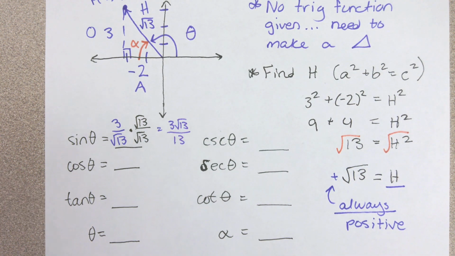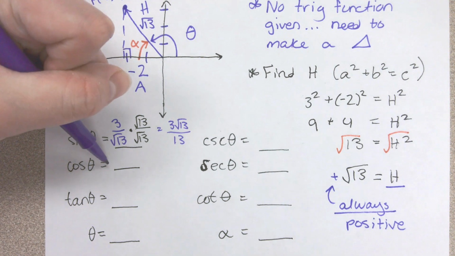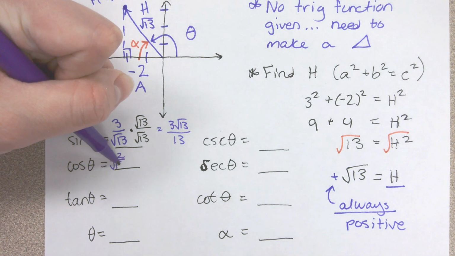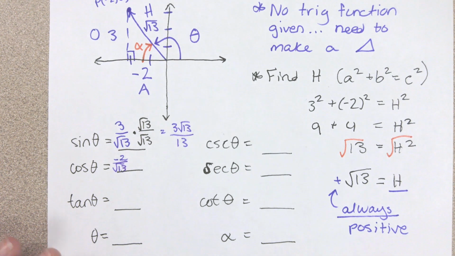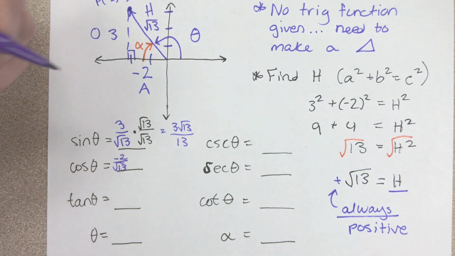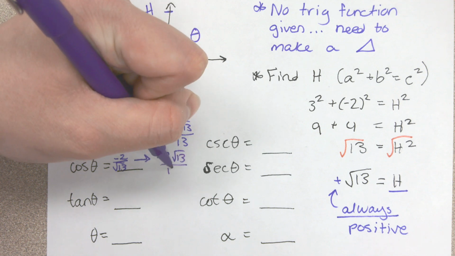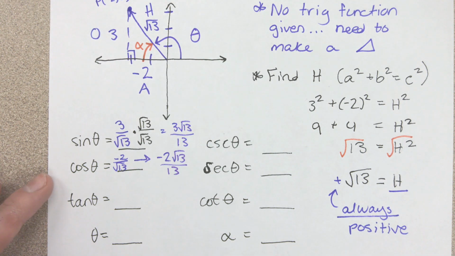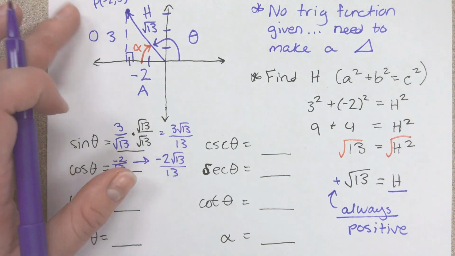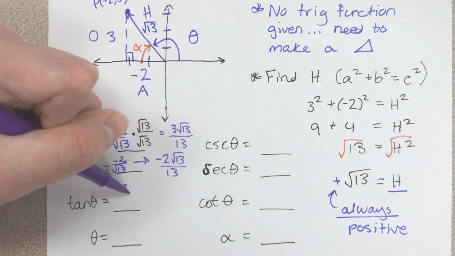Cosine, A over H, that's -2 over square root 13. The work for that is very similar to sine, so I'm just going to jump to the answer if that's okay. -2 square root 13 over 13. Tangent, O over A, that's just 3 over -2.